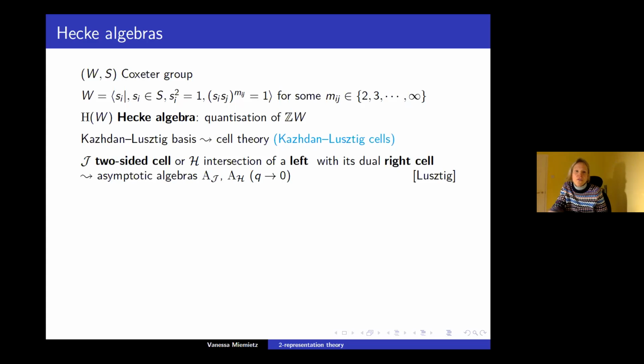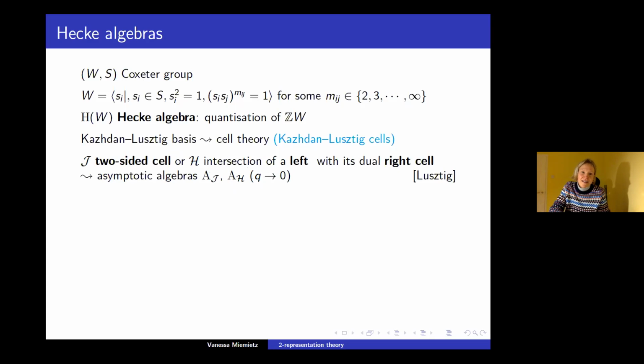So the Hecke algebra is a quantization, so it has some parameter q floating around, and these algebras are obtained by looking at the Hecke algebra, looking at the structure constants with respect to the Kazhdan-Lusztig basis, and then letting q go to 0.